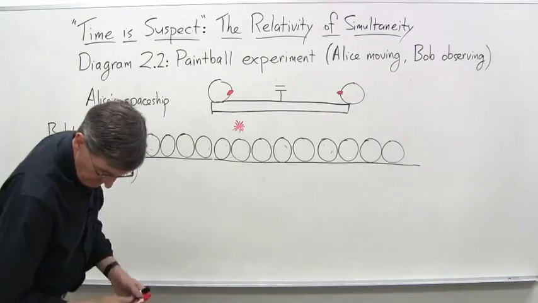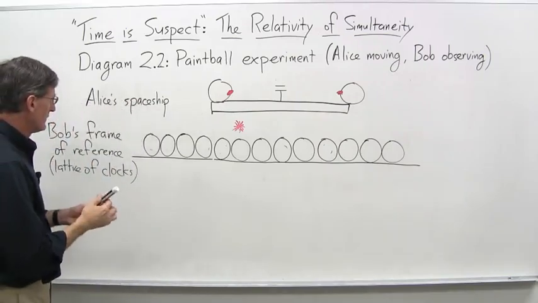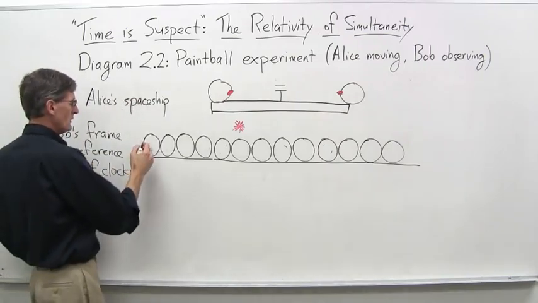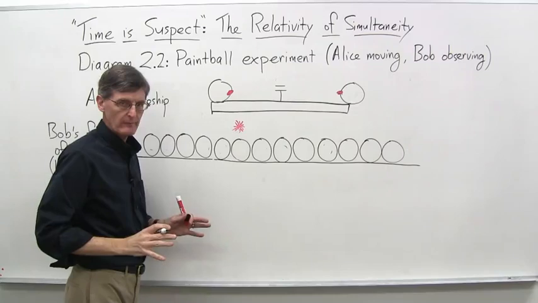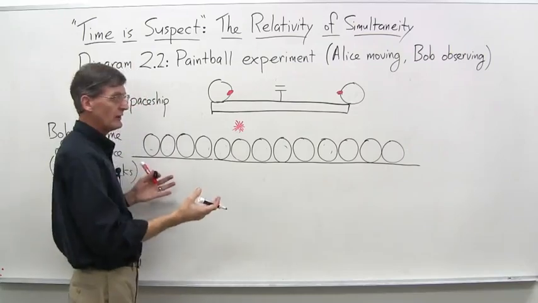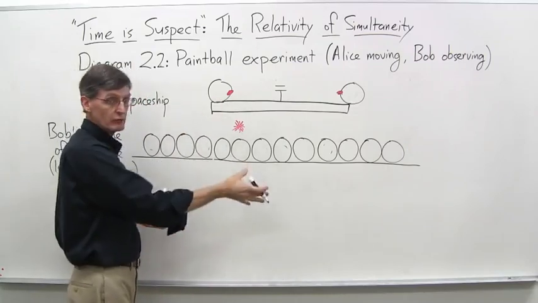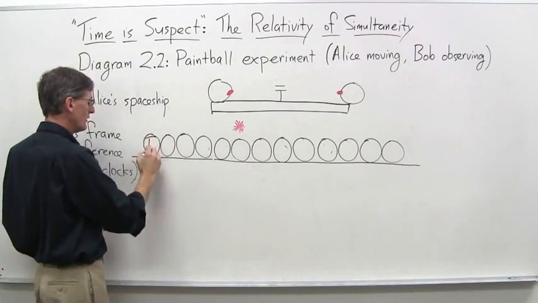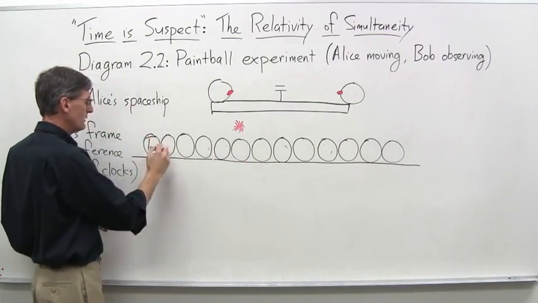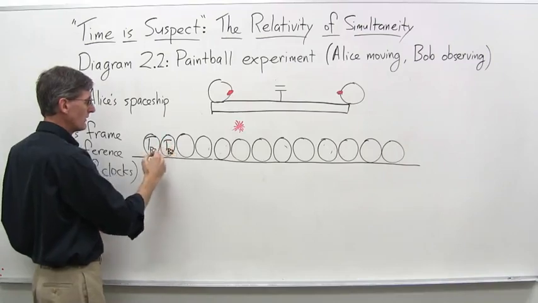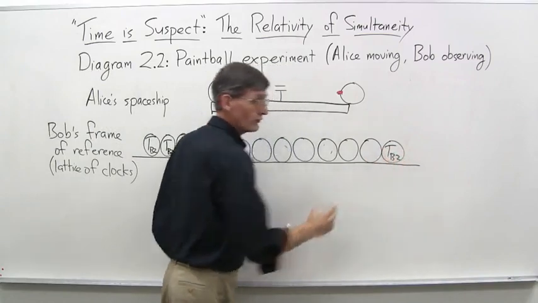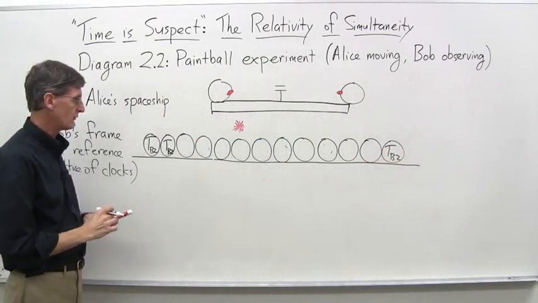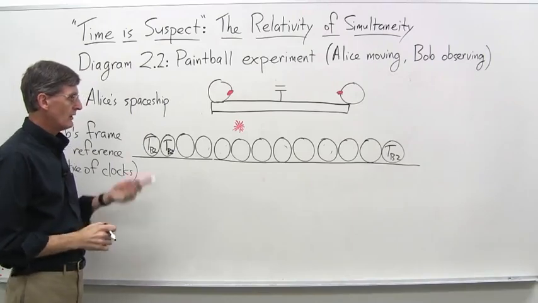So this will be in the intermediate position. When they were in transit, that might have been TB1. Now when they've hit, we'll call that TB2. So all Bob's clocks will read TB2. We won't write all of them in there, but they all read the same thing because, of course, Bob's clocks are synchronized as far as he's concerned.